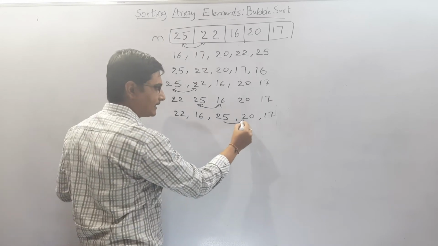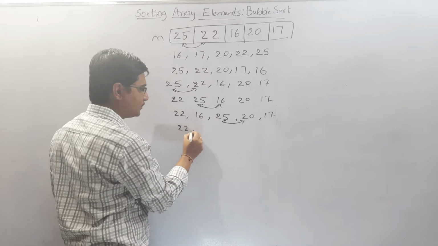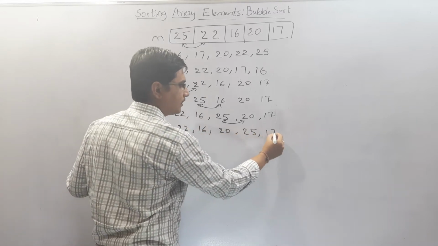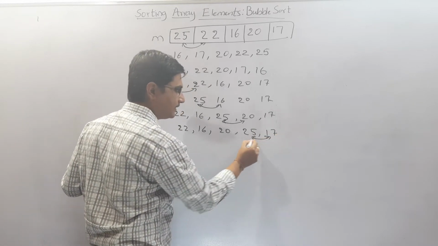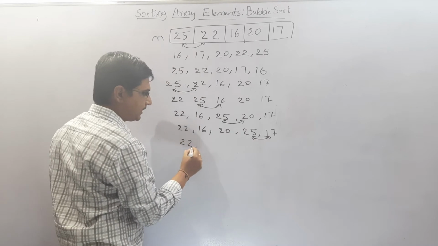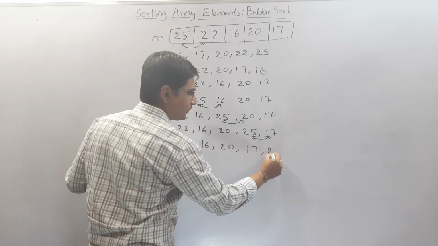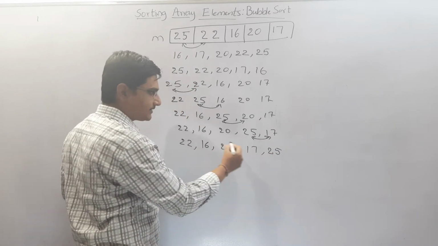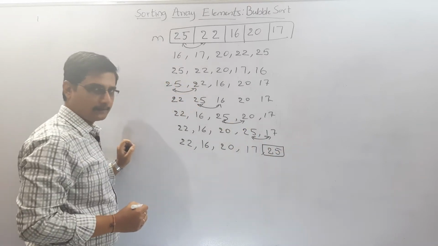Then I compare these two. Again 20 is less than 25, so we need to swap them, then 17. Again we compare these two, and 17 comes before 25. After this, the largest element, 25, is in its final position in sorted order.